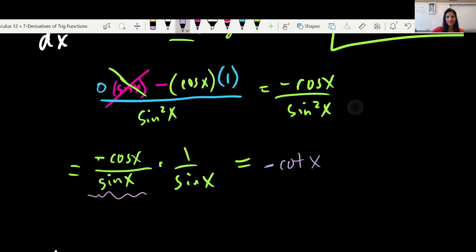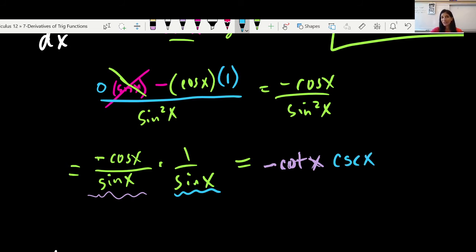Times 1 over sine x, which is the same thing as saying cosecant x.